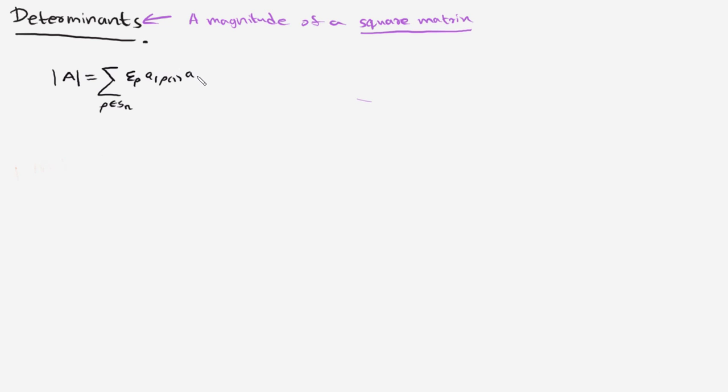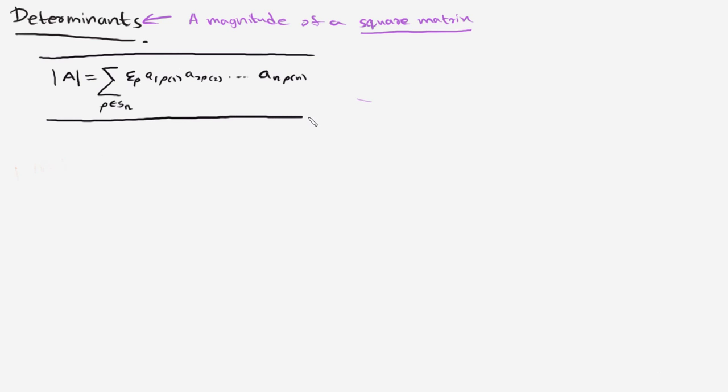So I will just take the first row and their corresponding permutations. Likewise last element and their corresponding permutation. So this is the general case to identify a determinant of any n square matrix.